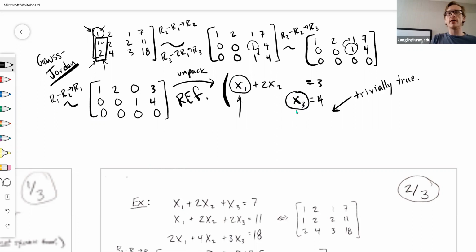These we call lead variables or leading variables. And any other variables that are not leading variables, this x2, for example, we call that a free variable. In this case, we have one. In other cases, we can have many.